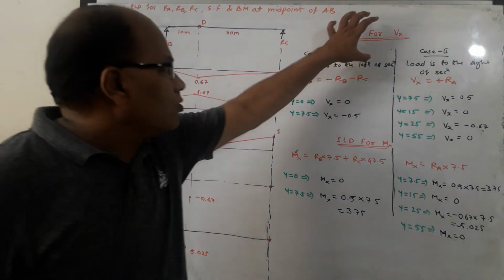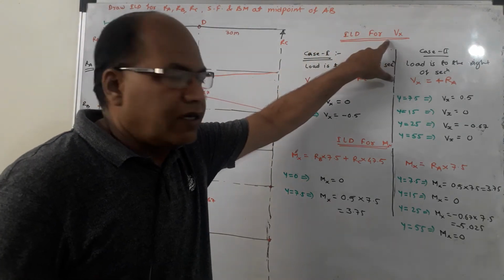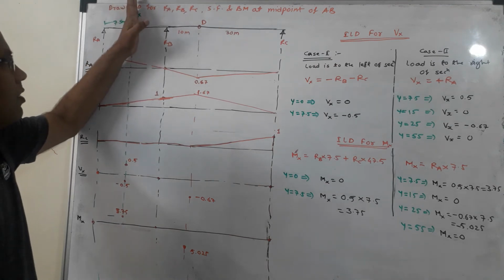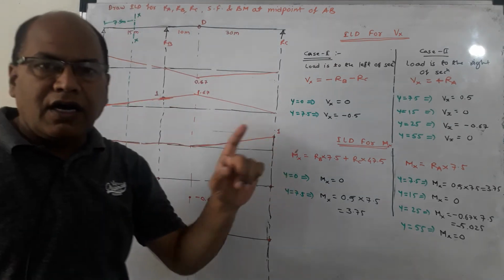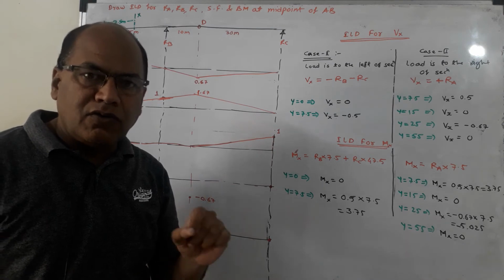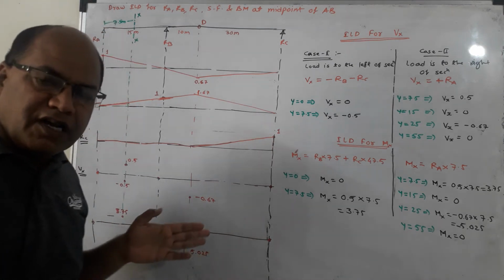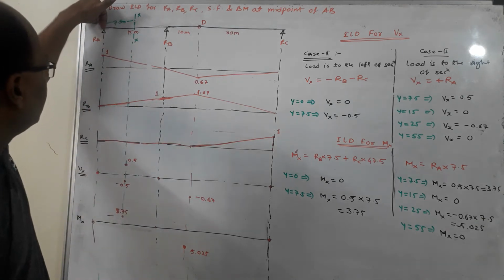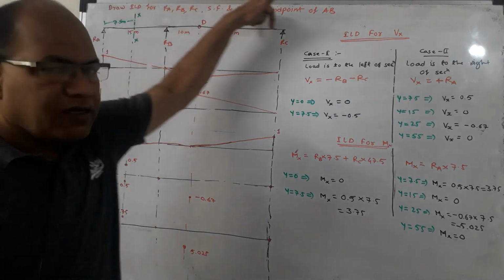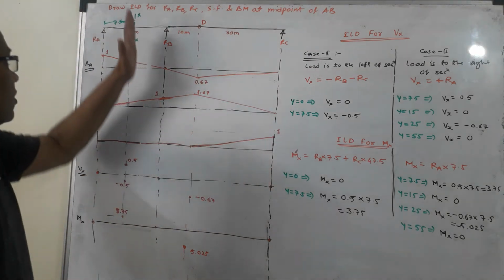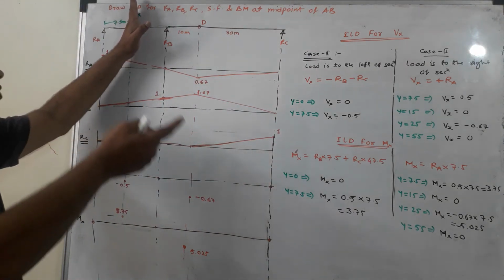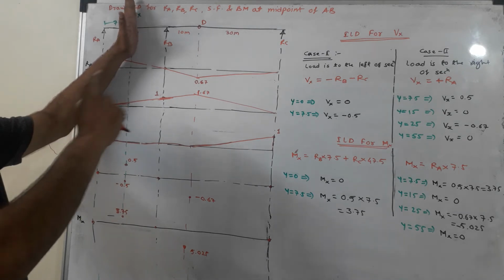So procedure to draw ILD for shear force at X. Now section is over here. Now we always draw ILD for a unit point load which is moving from left end to the right end. Now the unit point load can have its position to the left of the section or to the right of the section.